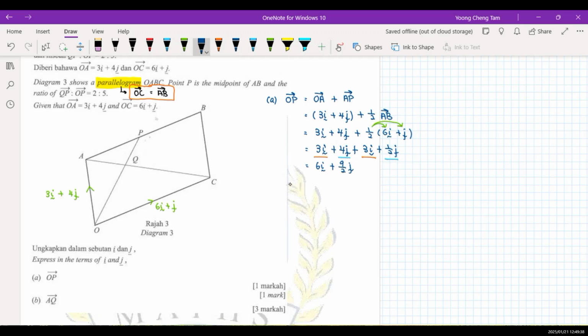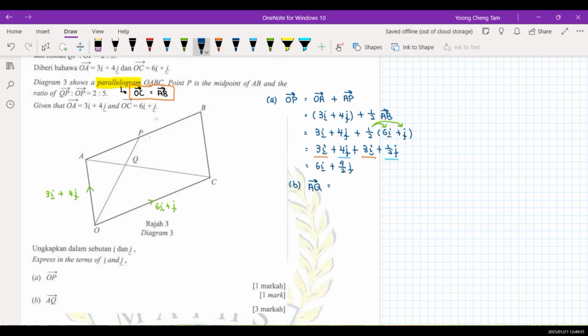Now let's go to question B, vector AQ. If you look at the vector AQ, how to go from A to Q? Of course, you cannot go directly because we didn't have the vector, right?